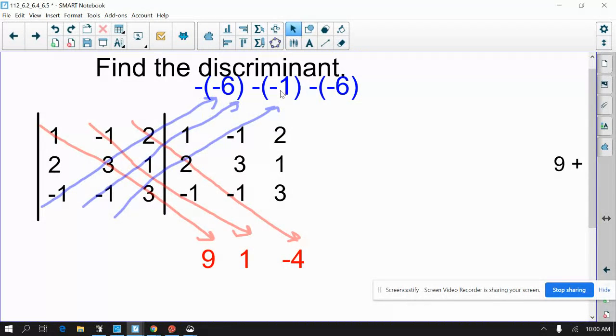You're subtracting negative 1, and then you're subtracting negative 6 again. So you combine all six products together. 9 plus 1 plus negative 4. And then these three, minus negative 6 is plus 6, minus negative 1 is plus 1, and so on. And you finally get 19. So 19 is the determinant of this 3 by 3 matrix.